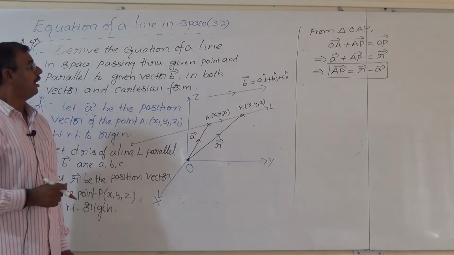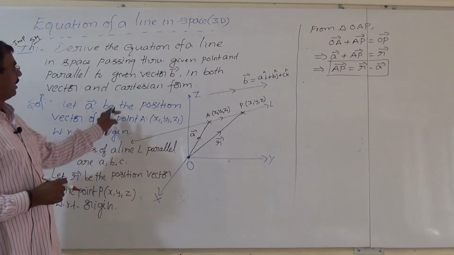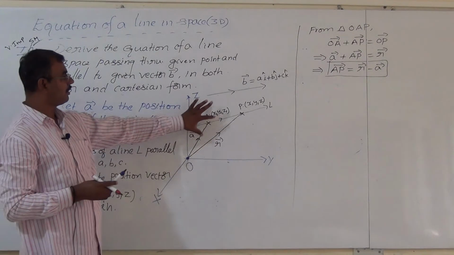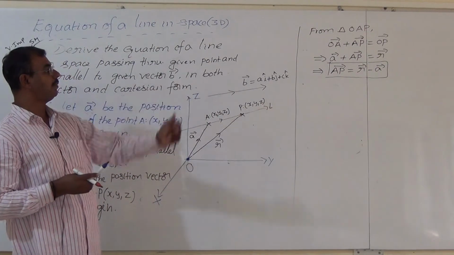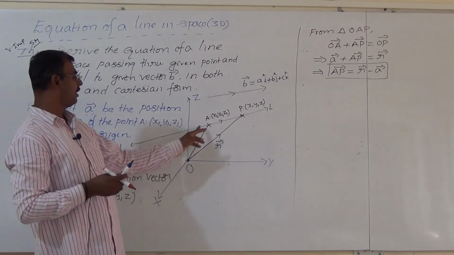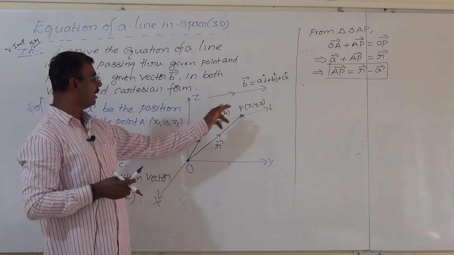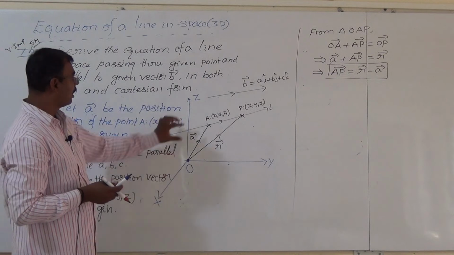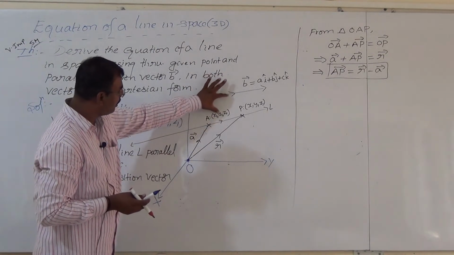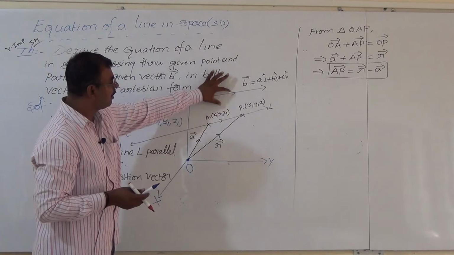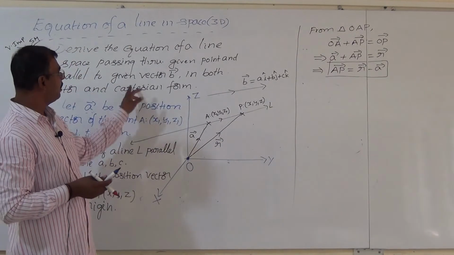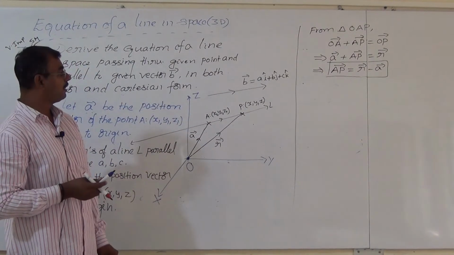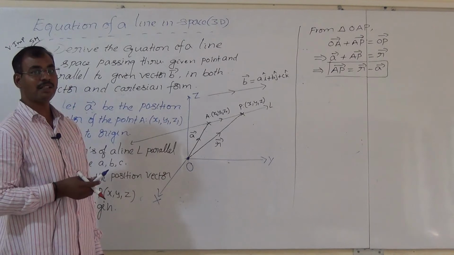Okay, observe all of you. Next condition: from the triangle OAP we got the AP vector. OA vector we know, OP vector we know, AP vector we just found. Now observing AP vector and B vector, what happened? Aren't they parallel? If two vectors are parallel, what is the condition?